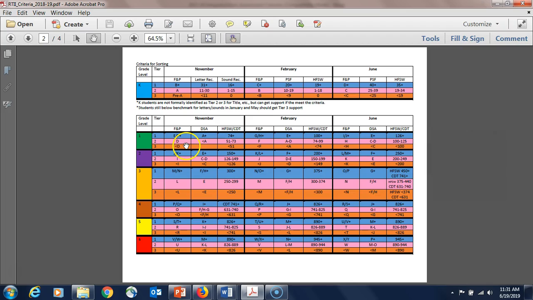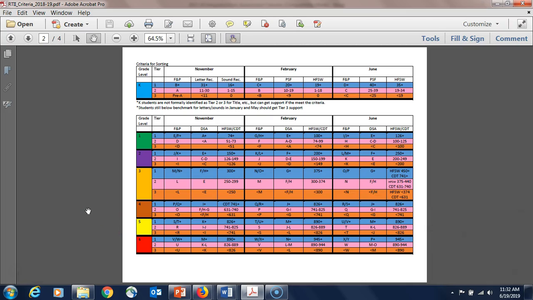Whereas a student who's reading at a level D, which is like a late kindergarten level, is not spelling with beginning consonants and has a lower high frequency sight word number, we start to get concerned. And lastly, if they're really below in these areas, then they're significantly of concern. And so these are the kind of kids that we're targeting our intervention for, and we look at this across the system.